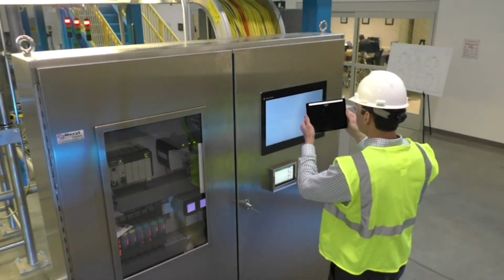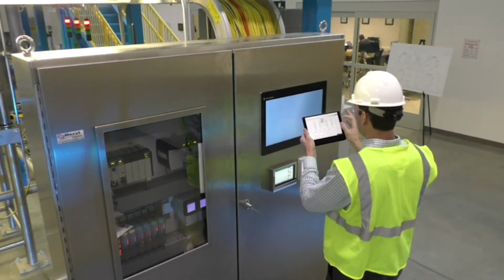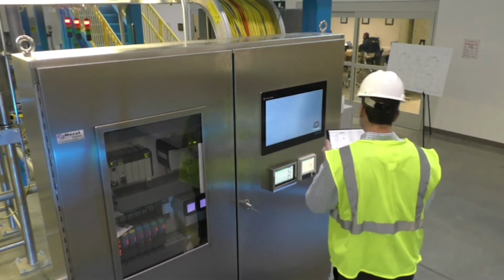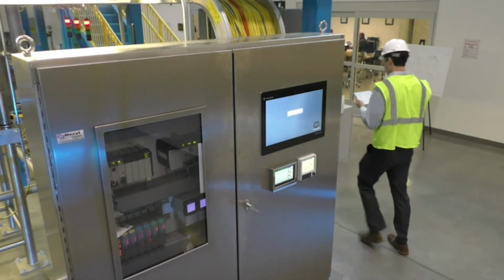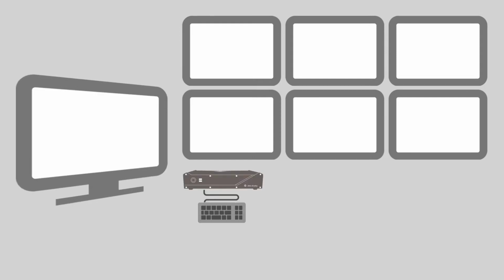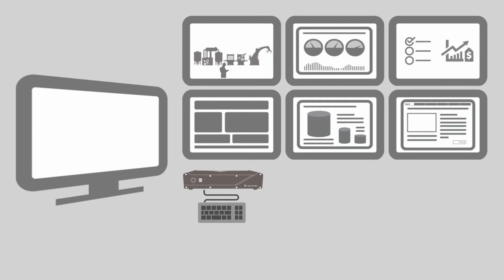The only other thing I would say is it helps build the bond between controls and IT. So that part I really like, that it kind of drives controls guys to work with the IT, and that partnership can be really powerful from a plant perspective, a security perspective, and a content control perspective.